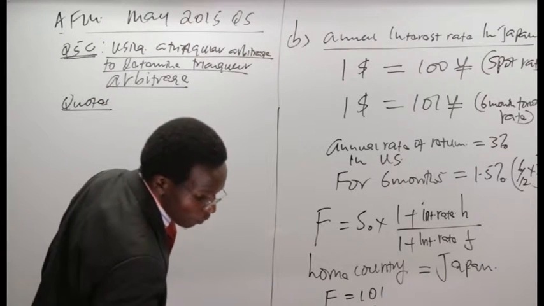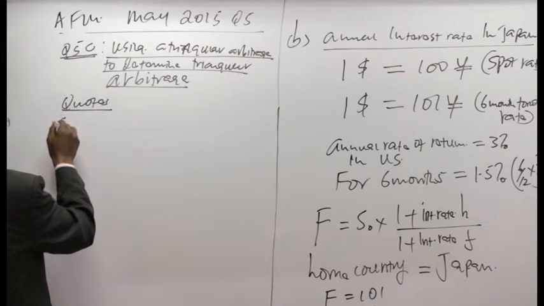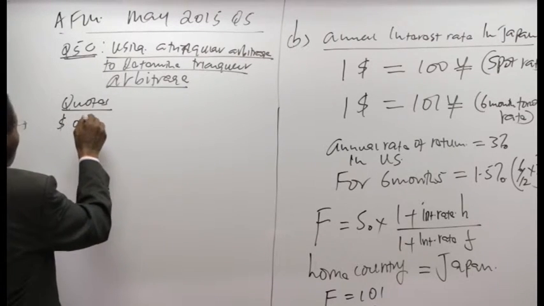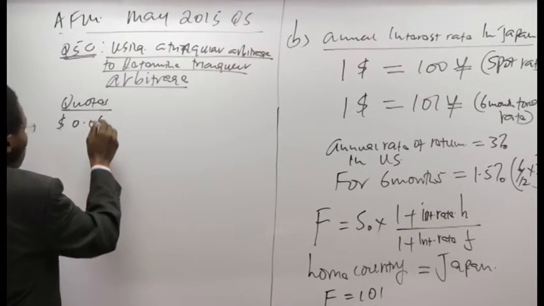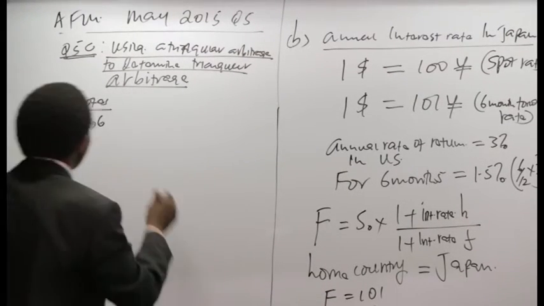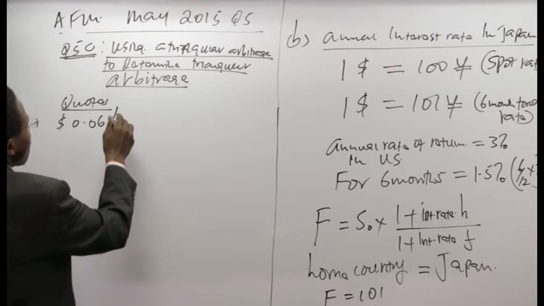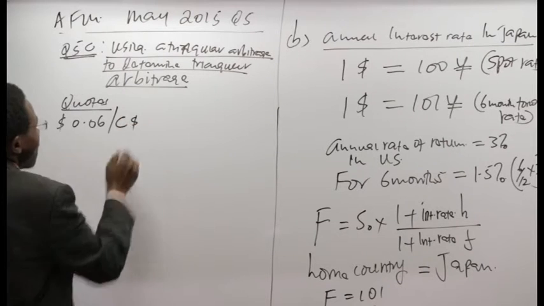The first one is 0.06 Canadian dollar, US dollar per 1 Canadian dollar.